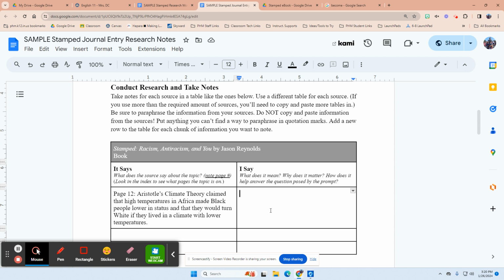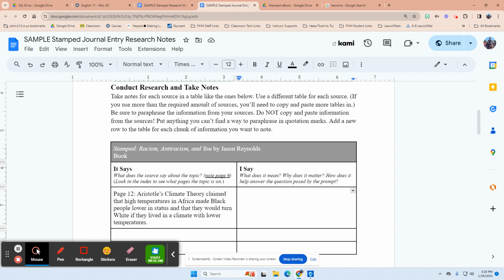And the way that I like to do my commentary, I like to use the voice typing tool so I can just speak freely about what I think about the evidence. And then I look at what I have and I refine those ideas.